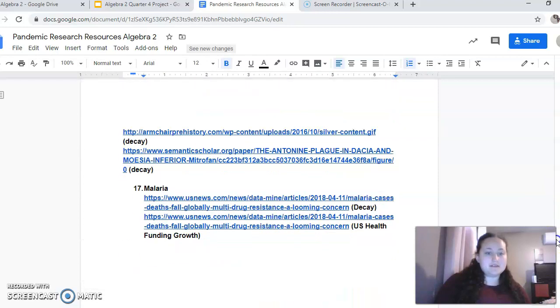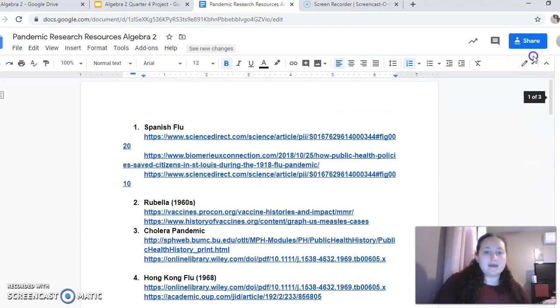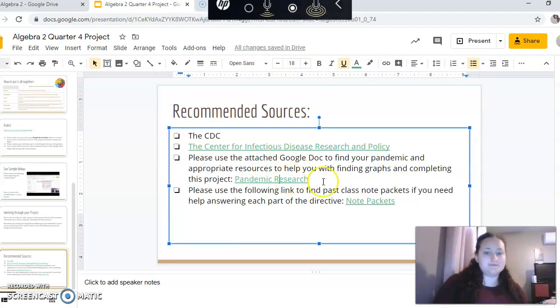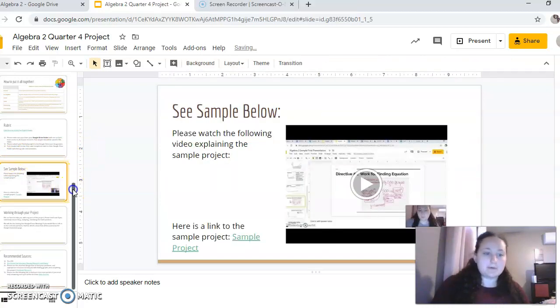So please use that if you need help finding graphs, okay? So that's a really good source to use. And then we also have the note packets if you need help reminding what minimum, maximum are, or how to solve the equations, how to create the exponential equations. But you also have, remember, the sample project here, okay? So that sample project is really helpful and it's really a nice model for you to follow along with.